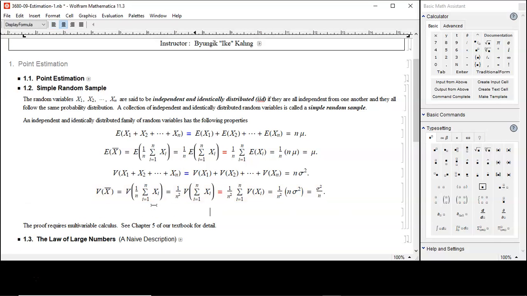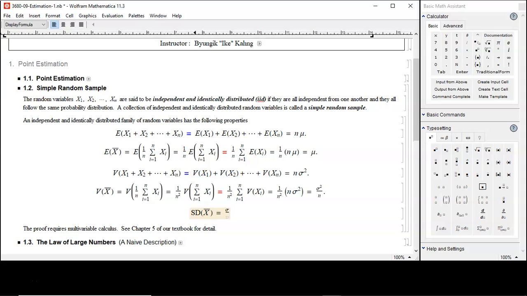And then from here, if you take the square root, then the standard deviation of this x bar is nothing more than the square root of this, so you get sigma over square root of n. And this quantity is often called the standard error of the simple random sample of size n.